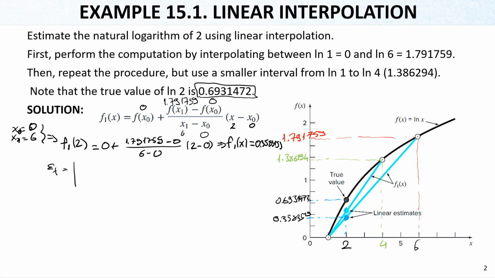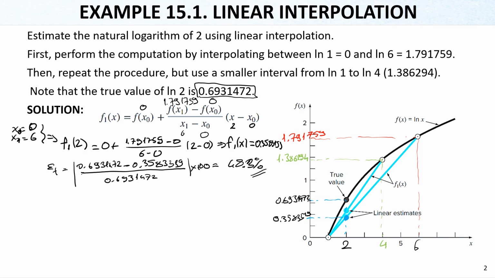You can see it's almost half of it, about 50%, but let's calculate it. 0.6931472 minus 0.3583519, divided by 0.6931472, times 100, gives us an error of 48.3%. So it's a pretty large error.